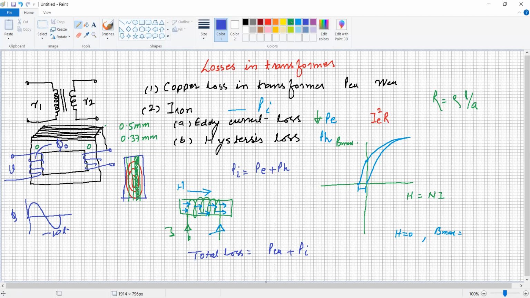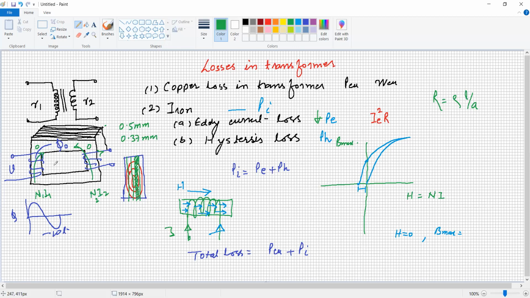Let the current in the secondary winding increase, it will produce the MMF N2 I2, opposite to the MMF produced by the primary winding, N1 I1, with the same magnitude.